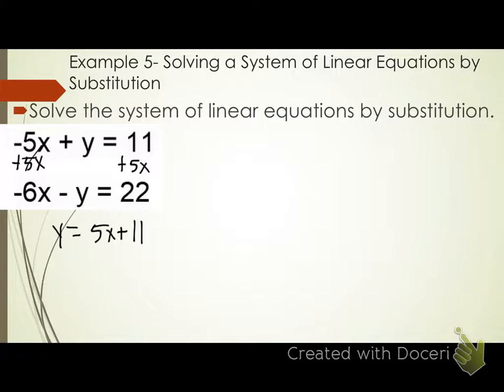Questions there? Am I good to substitute now? Yes, because I have my variable by itself. I know y equals 5x plus 11, so I'm going to replace this y with 5x plus 11.